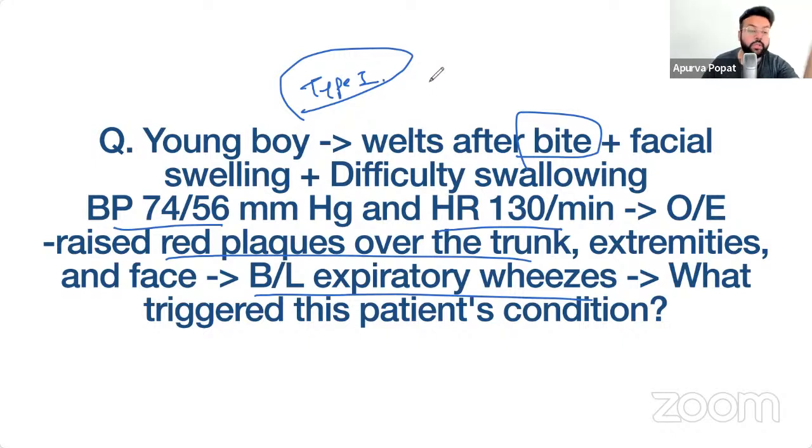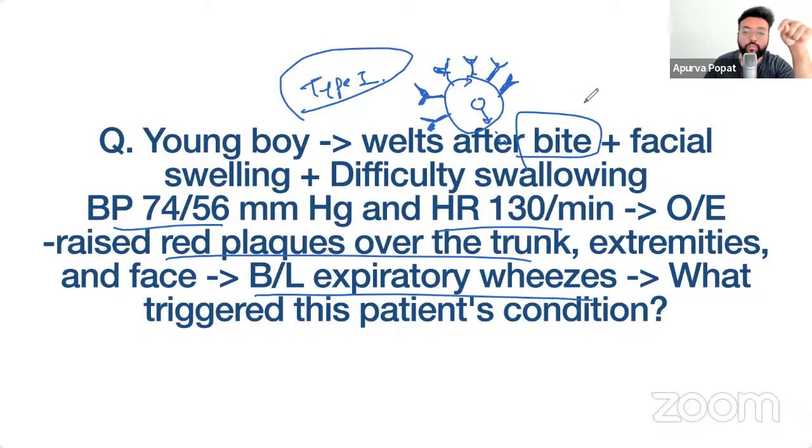But the question was still different. When can you force those mast cells to release histamine vesicles outside? There is something on the cell surface of the mast cell. What are these things on the cell surface of the mast cells? Antigens?